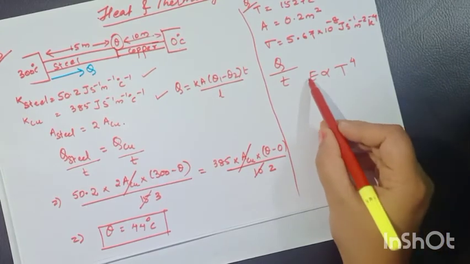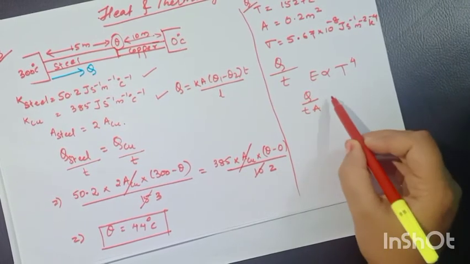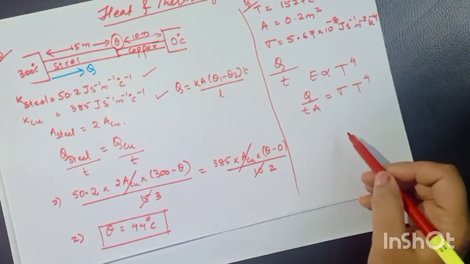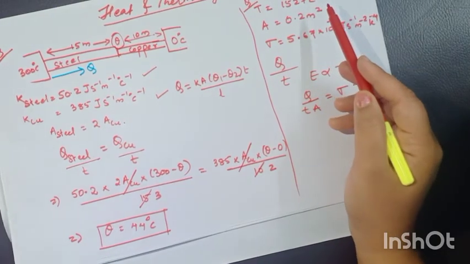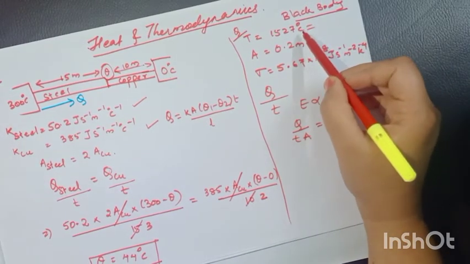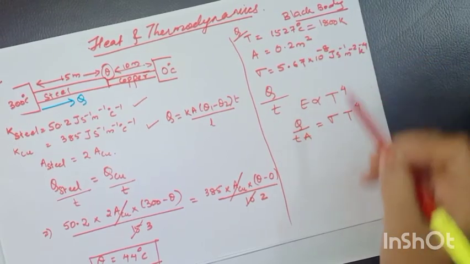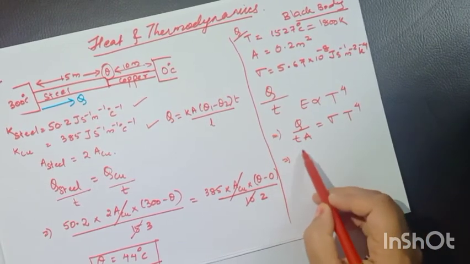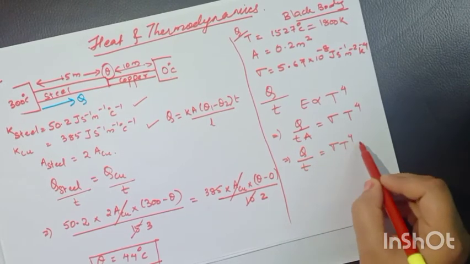So this energy radiated per unit time per unit area equals sigma T to the power 4. Here we have to convert 1527 degrees Celsius into Kelvin by adding 273, which becomes 1800 Kelvin. Putting the value of temperature in this equation, the energy radiated per second equals sigma T to the power 4 into area.